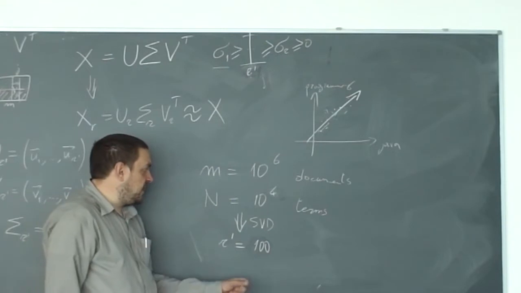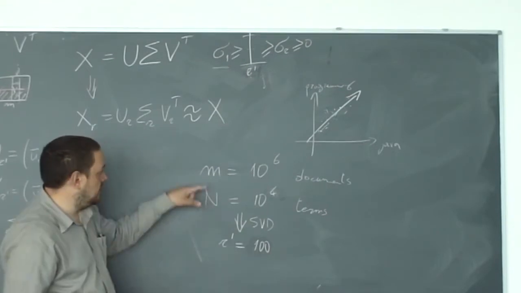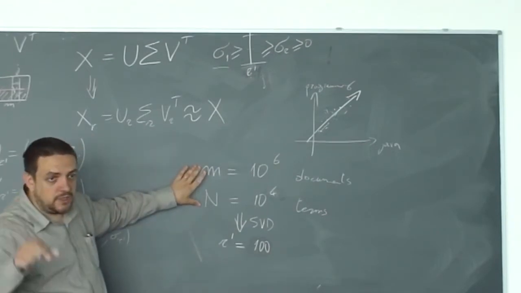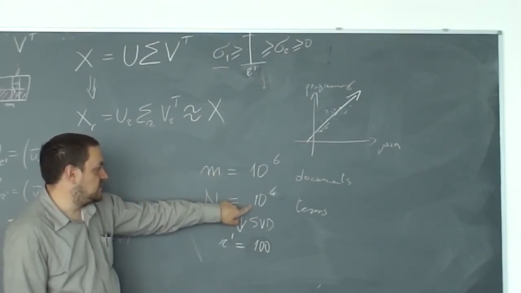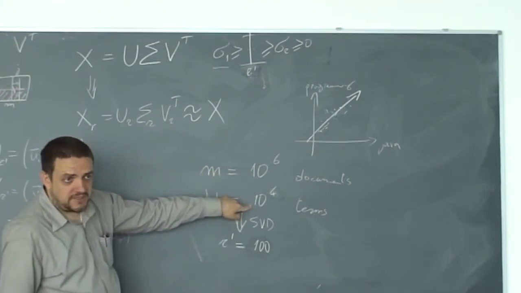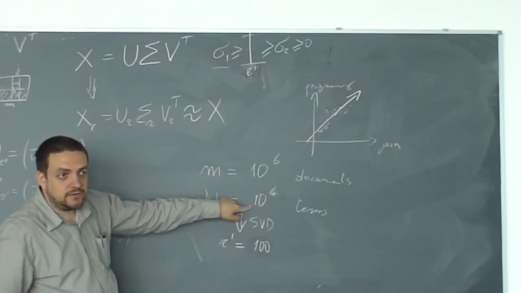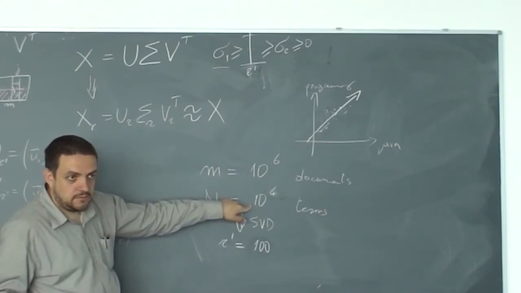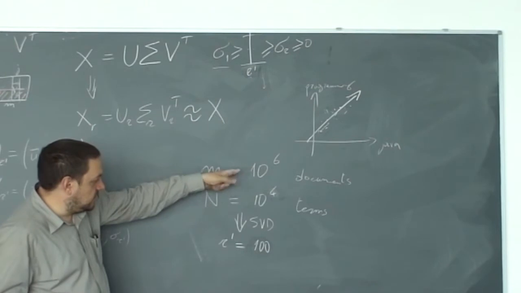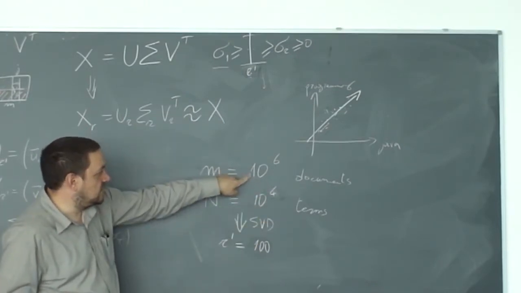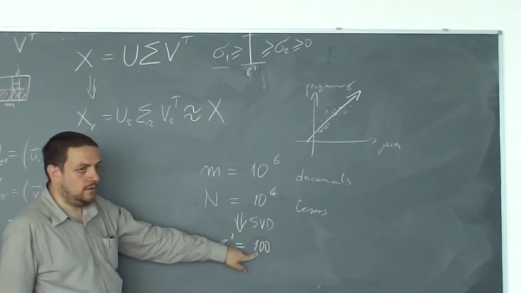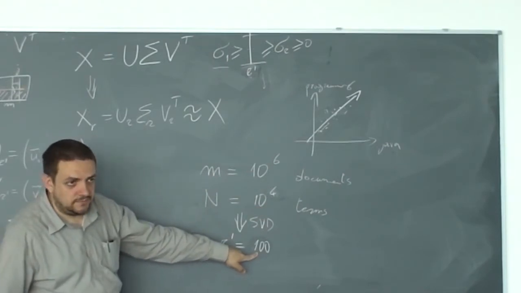It means the complexity of multiplying this matrix by a query, which was 10 to the 6 by 10 to the 4, 10 to the 10th, 10 billion multiplications, could be reduced to 10 to the 6 documents times 100.